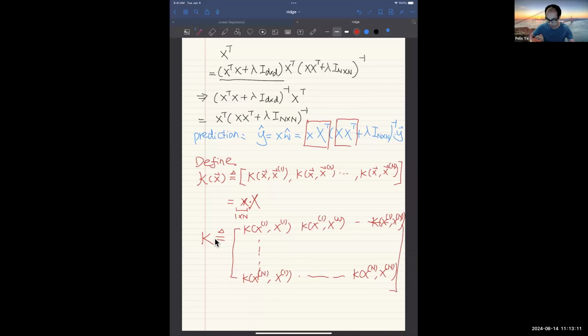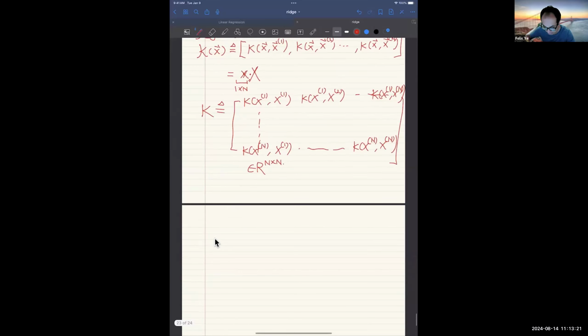So this is actually a matrix of n by n. And this can be written out explicitly by doing X X transpose, in R n by n.